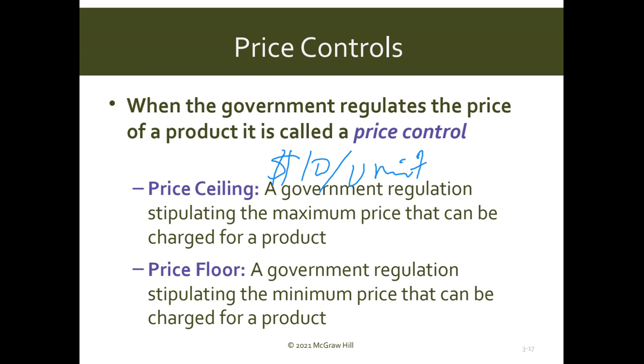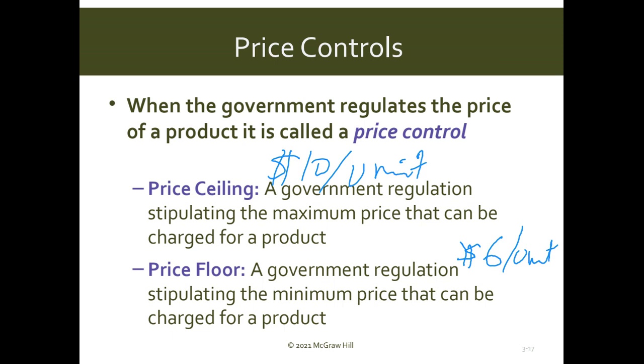What is price floor? Exactly opposite. Price floor means they cannot charge lower than this price. So for example, if the price floor of a product is, let's say, $6 per unit, you can charge $7, $8, $9, $5,000, no issue.